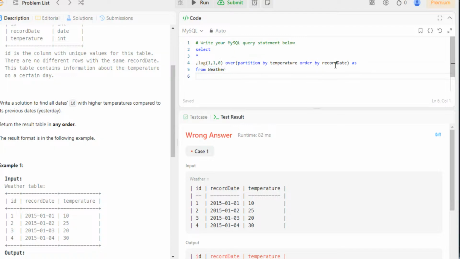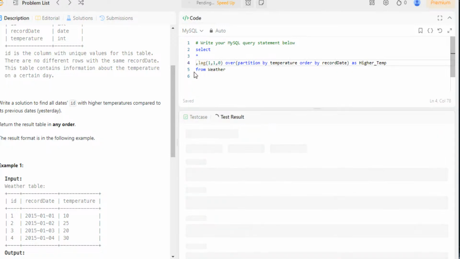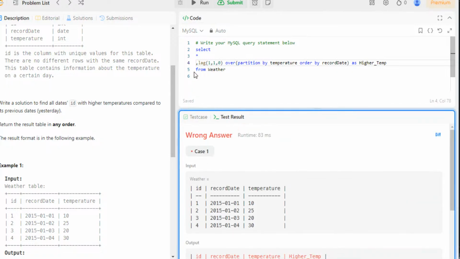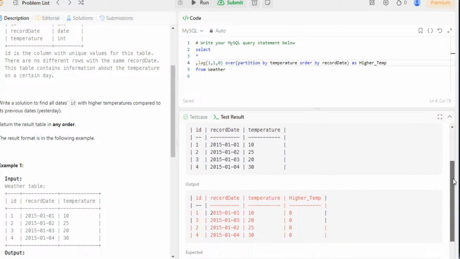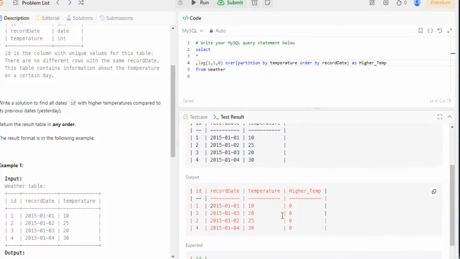Partition by temperature, order by record date as higher temp. Let's just see what happens here. We're going to throw some stuff against the wall because I do need to improve lag. All right, so this is not right. I would be shocked if I was using lag properly.